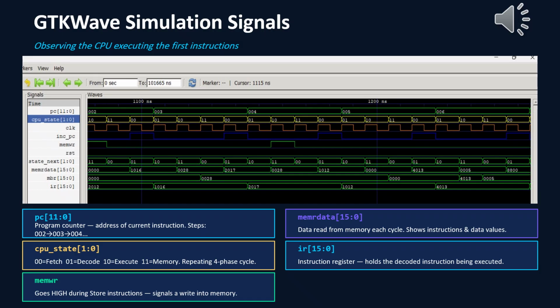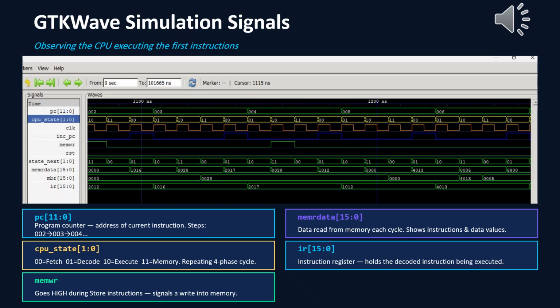For the memory write, it only goes rising in the storing instruction, and only in the execution part. In the execution part, in the storing, we have the rising of the memory write, and also we have the memory data, which is divided: one is receiving or reading, and the other is giving.